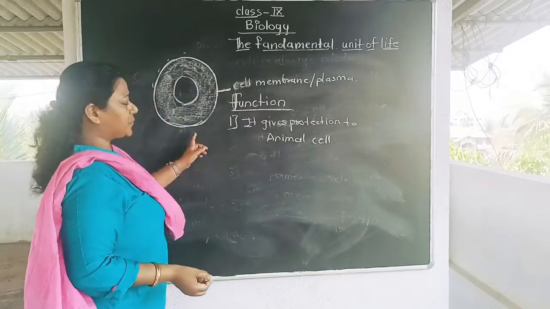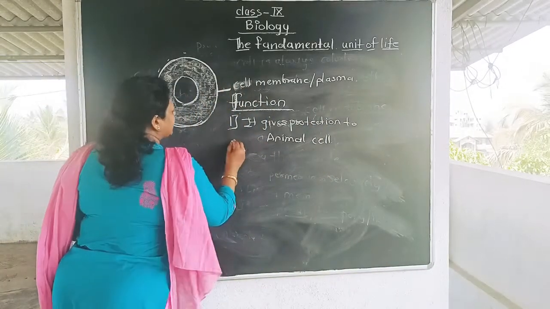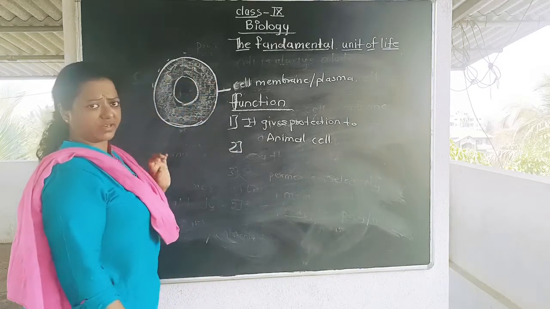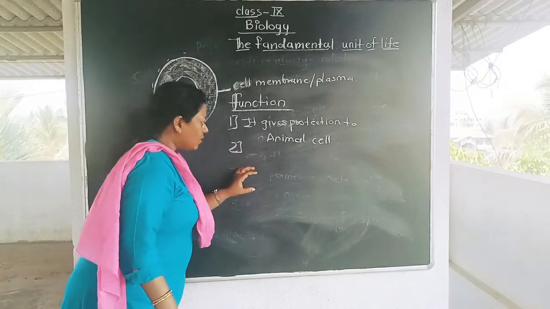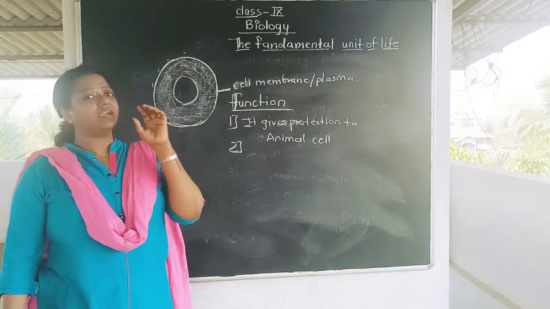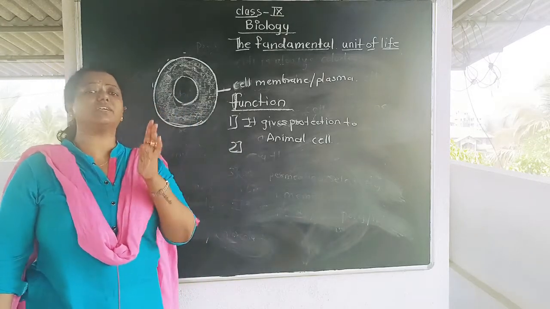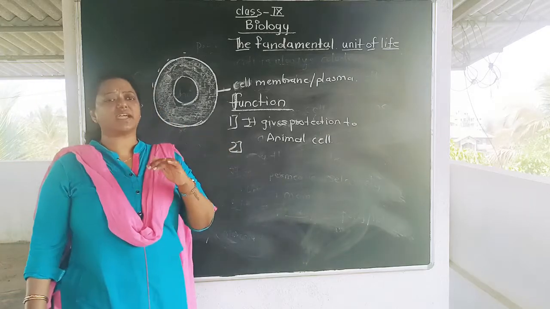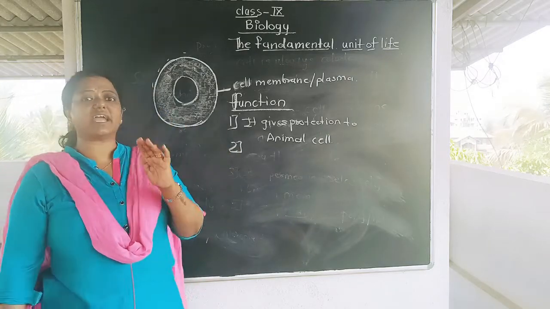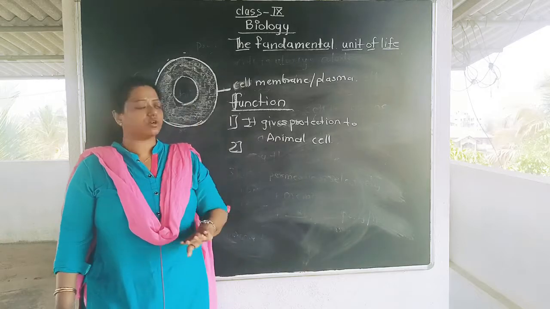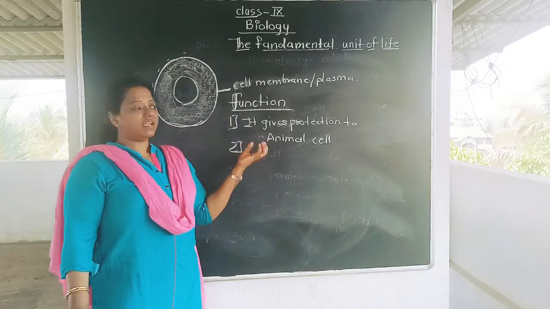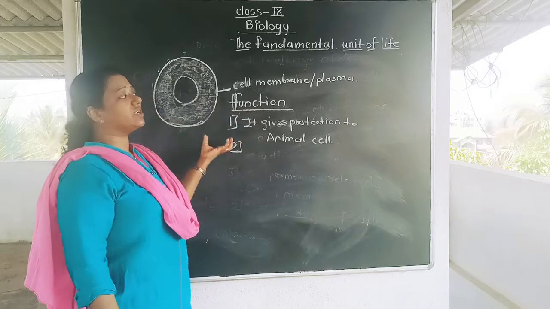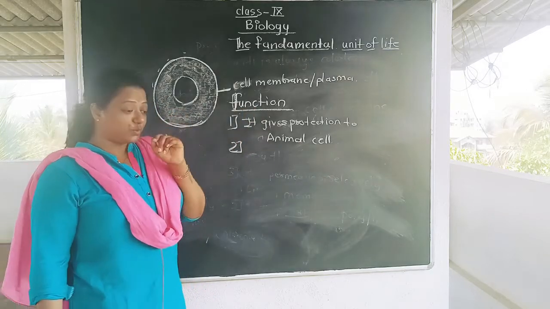And it has small pores on it. It allows the entry and exit of only particular material. Okay, it regulates the entry and even the exit of the particular material inside and outside of the cell as per the need of the cell.